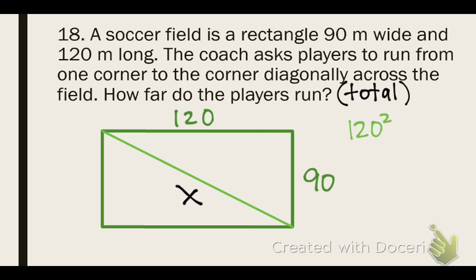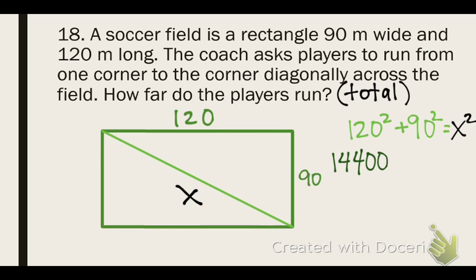So we got 120 squared plus 90 squared equals x squared. The reason I mainly ask is the most common mistake on the quiz was using the wrong thing. You know how to use both, but just knowing when to use either. 120 squared is 14,400. 90 squared, 8,100.